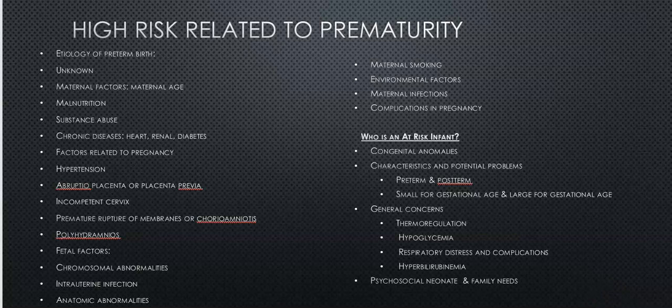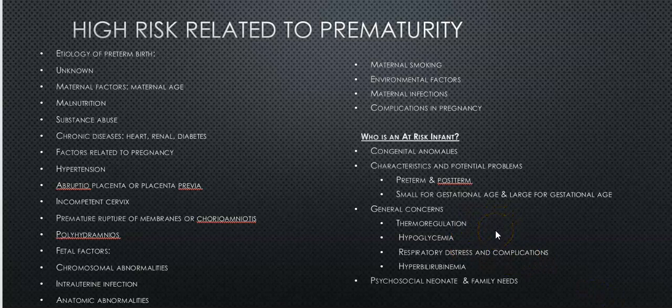When you look at the baby and you ask yourself, who is the high-risk infant? I just kind of started to define that for you. It's babies who have congenital anomalies, babies who are born preterm or post-dates, babies who may be born small for gestational age or large for gestational age. Irrespective of what has brought us to this table, and you're going to hear me use that term frequently today, there are some general concerns that all these babies will have.